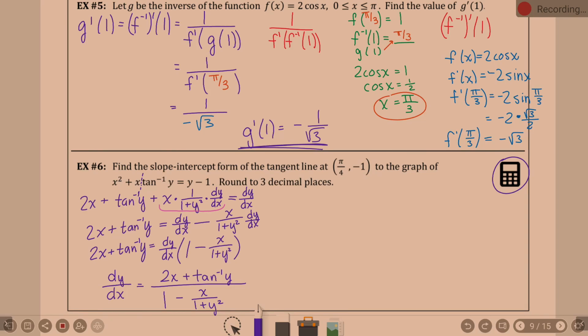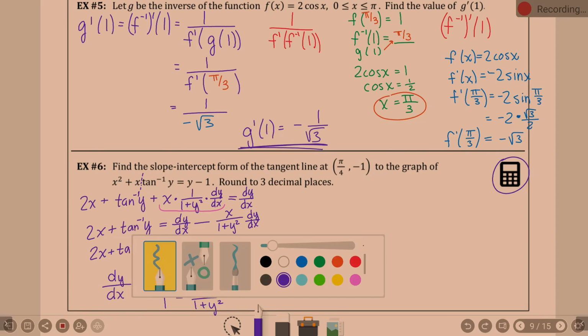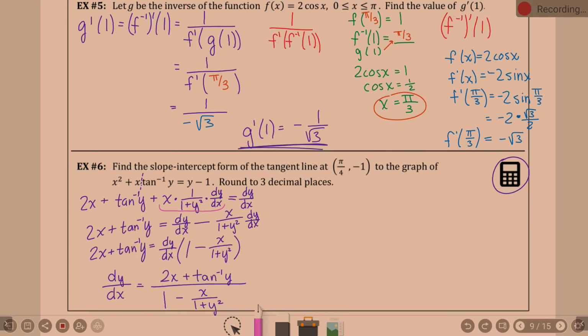Mm-hmm. Okay, now, in order to write slope-intercept form, we're going to need to find the slope. So we're going to do dy/dx evaluated at the ordered pair pi over 4, negative 1. I'm going to go ahead and write it out with it plugged in.